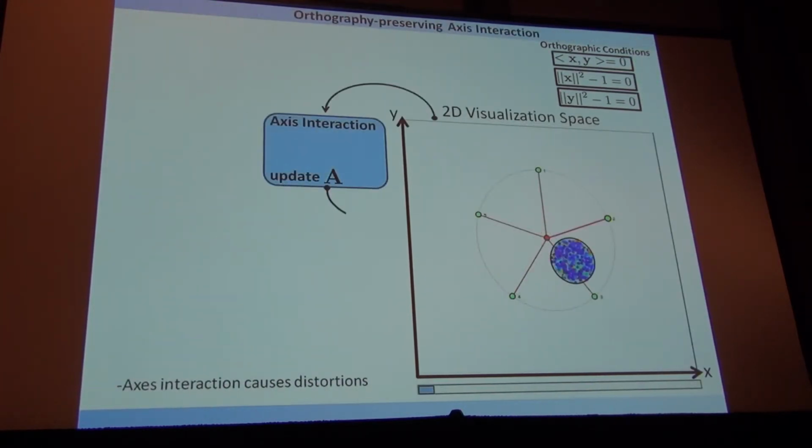Based on both approaches, the energy minimization and the reconditioning, we can also introduce a couple of interaction techniques for orthographic star coordinates.